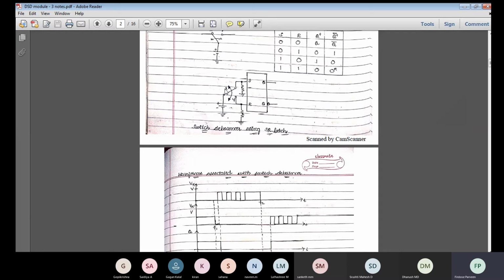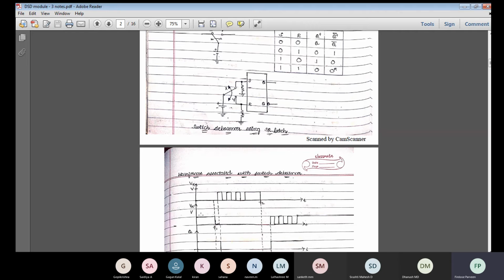Now the switch, so this is X and this is Y. The switch is at X now. That means S will be equal to 1 and R will be equal to 0. So that is Vx.